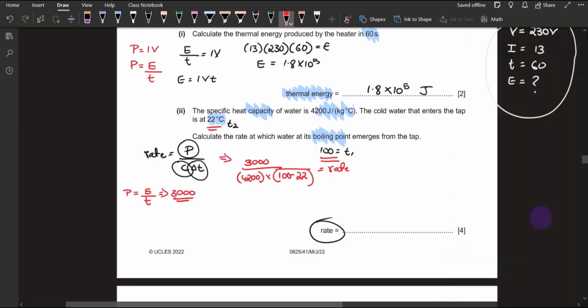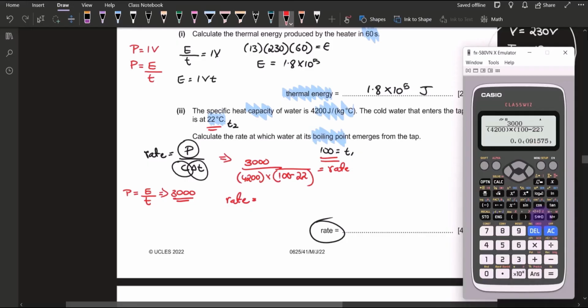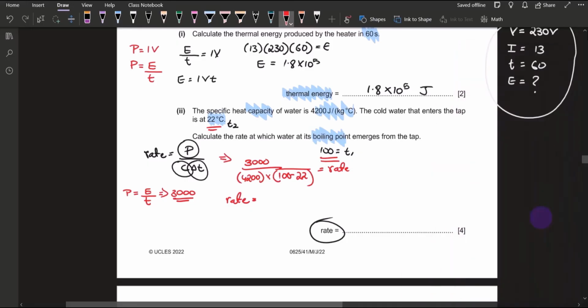So this is actually 100. So rate equals 0.00915. We can bring this here 1, 2, 3. So this is going to be 9.2 into 10 raised to the power minus 3. So 9.2 into 10 raised to the power minus 3. And we'll get 4 marks for this.